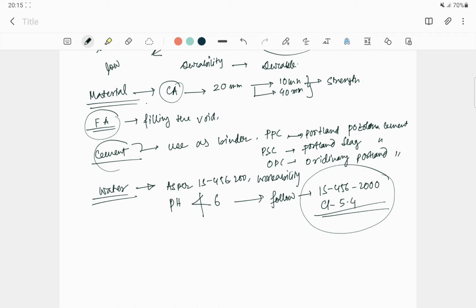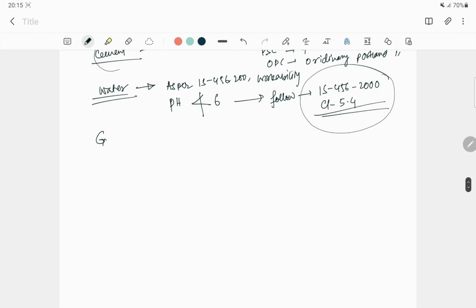Now we'll talk about the grade or proportion. Generally we use the proportion 1 is to 3 is to 6.